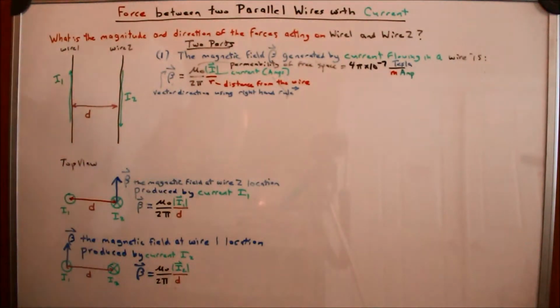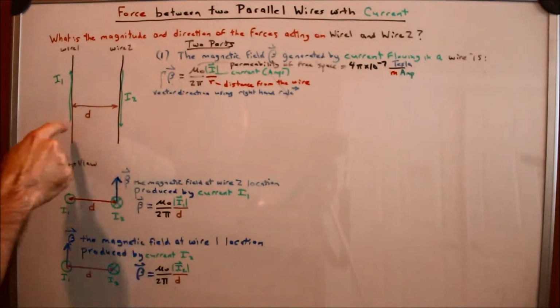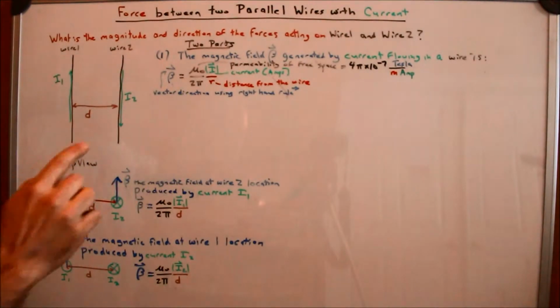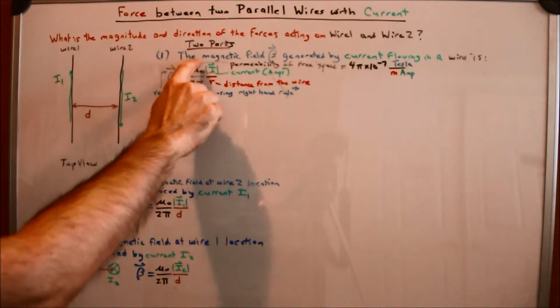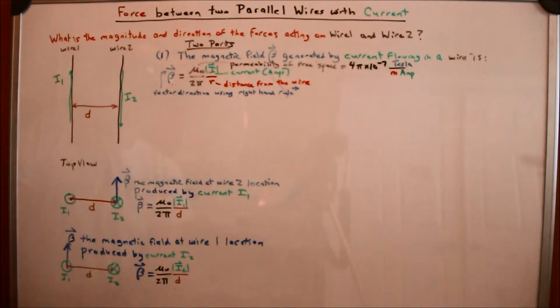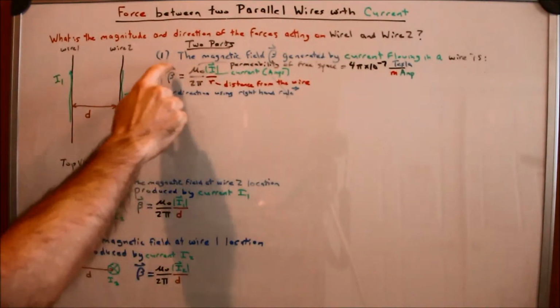The solution to this problem involves two parts. The first is determining the magnitude of the magnetic field at the location of each of the wires. So during the first part, the magnetic field generated by a current flowing in a wire is given by this formula.